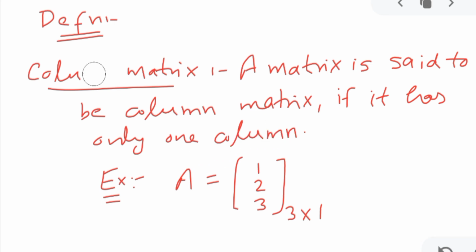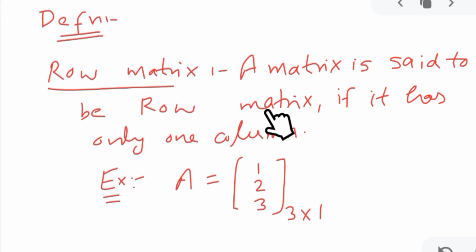If I change this column to row, suppose I am discussing the row matrix, the definition we have to write is, in the same way, a matrix is said to be a row matrix. I am just exchanging column with row. A matrix is said to be a row matrix if it has only one row. So in a column matrix only one column, in a row matrix only one row. Only two words I changed.